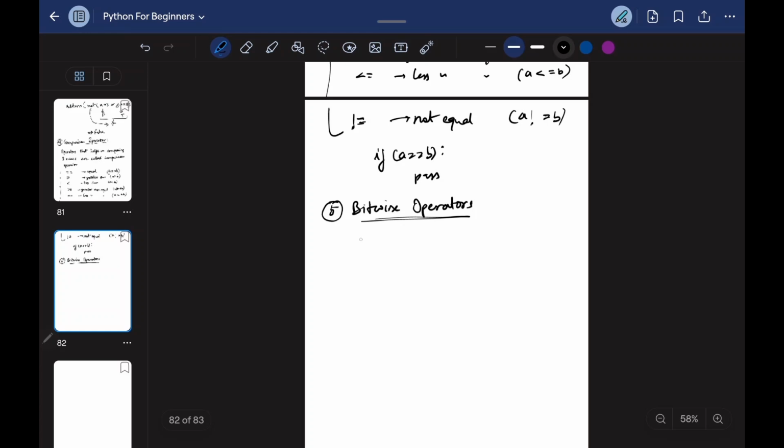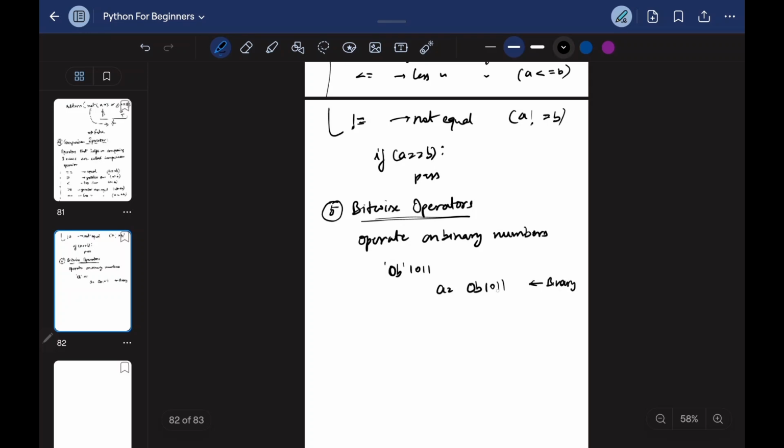Bitwise operator is used to operate on binary numbers. In Python, if you want to initialize a binary number, you can use the prefix 0b and then write the binary number. So if I write 1011, Python will automatically consider it as a binary number.